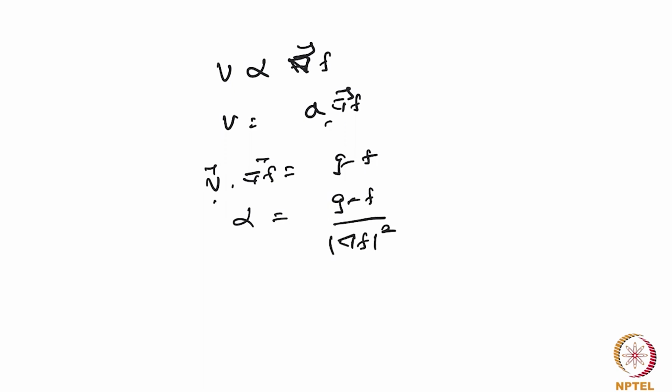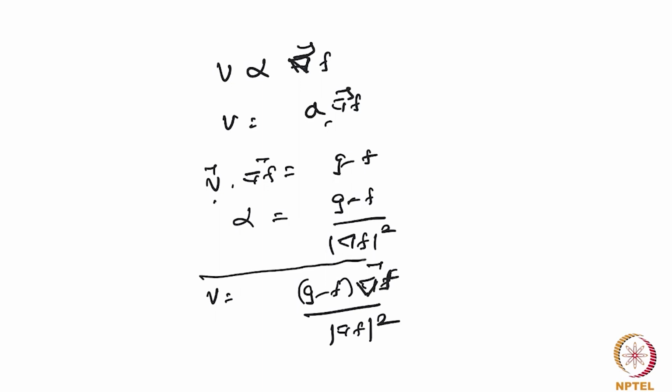Now that you know alpha, you can always get V to be G minus F times gradient of F divided by modulus gradient of F squared. Okay, so this is what we got.